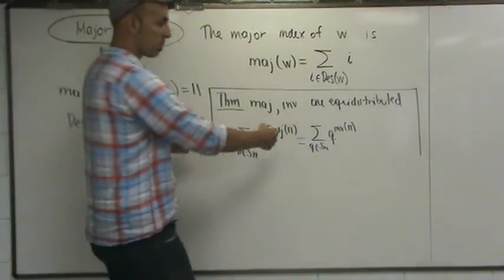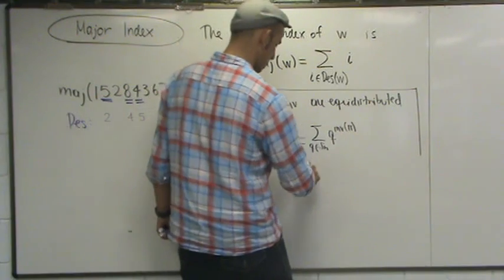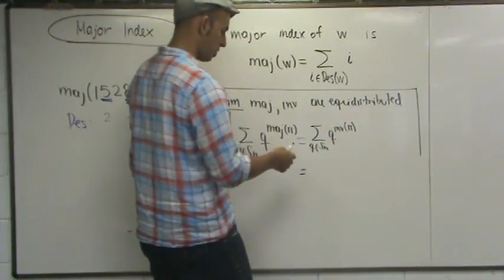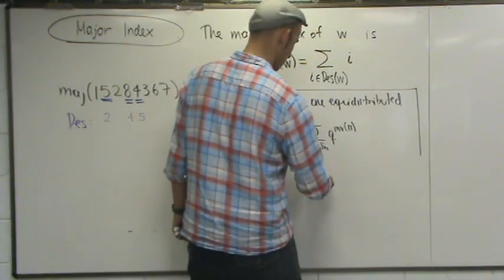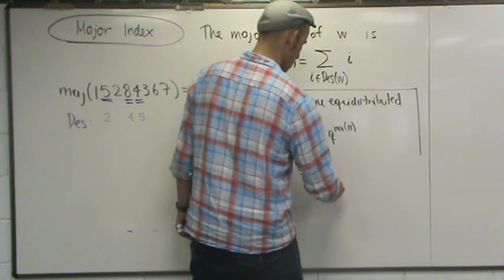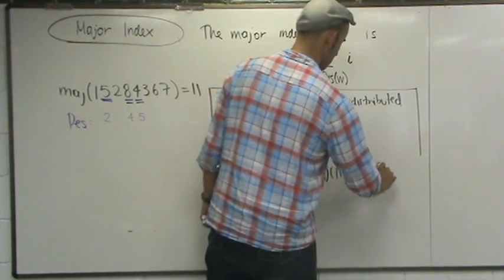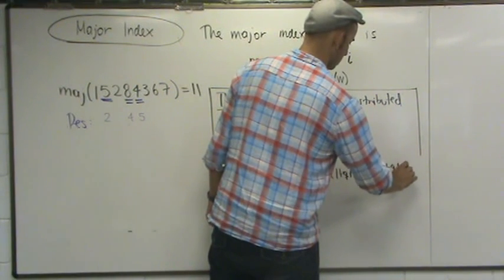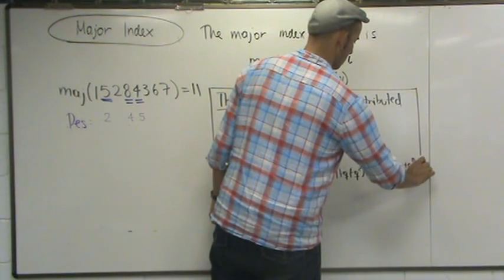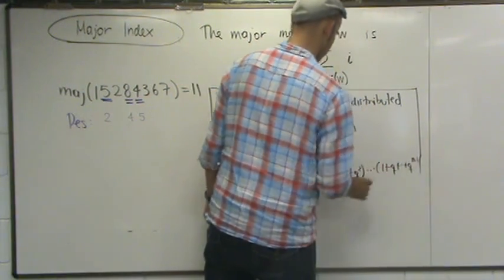And I'll remind you that we computed this. And we found that it was this q factorial, right? 1 plus q, 1 plus q squared, to 1 plus q plus up to q to the n.